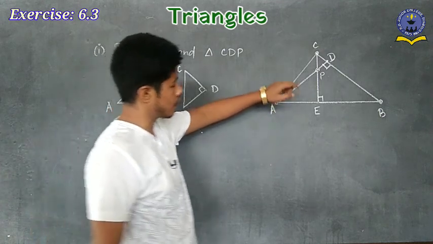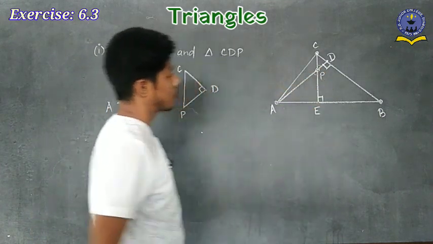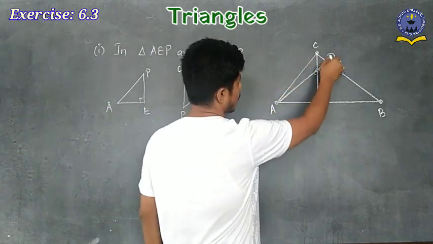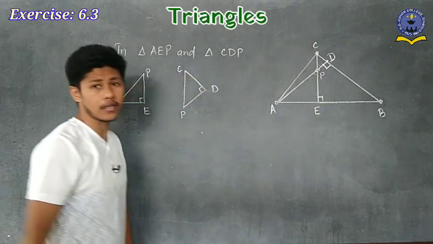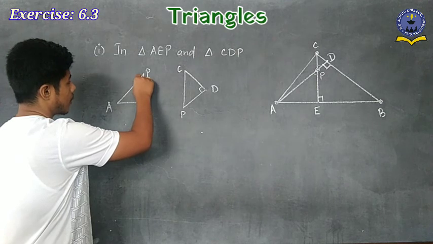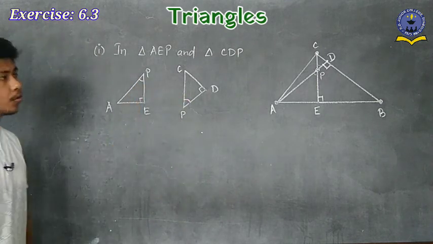In this case, what can we say about these two angles? These two angles are vertically opposite angles. One angle is CPD, another one is APE, isn't it? So these are vertically opposite angles.